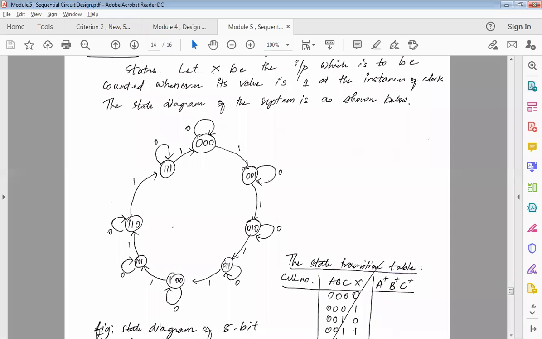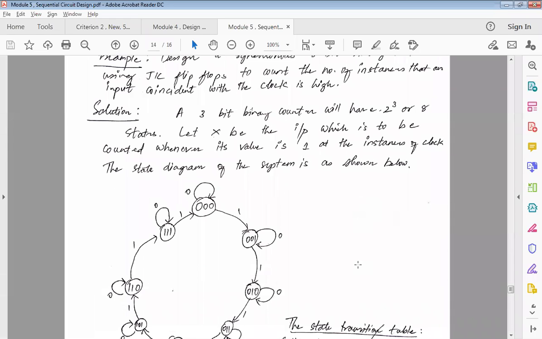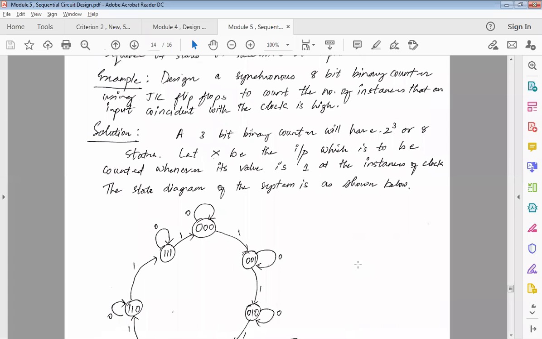So we will be seeing this problem where we are designing a synchronous 8-bit binary counter. The question is very elaborately telling that it's an 8-bit binary counter. So when I say 8-bit, it means I need to take a binary combination from 000 to 111, and then it specifies that we are going to use JK flip-flops.